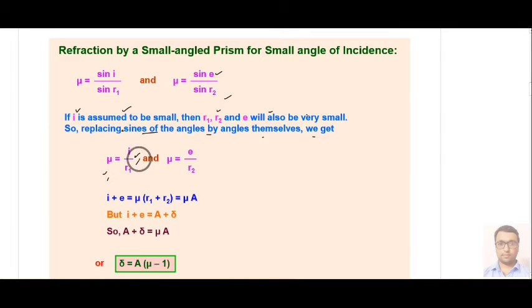So here mu will be equal to I upon R1, and mu equal to E upon R2 as well. So I plus E will become mu times R1 plus R2, equal to mu A, or I plus E equal to A plus delta. If you solve this, you will get delta equal to A into mu minus 1.